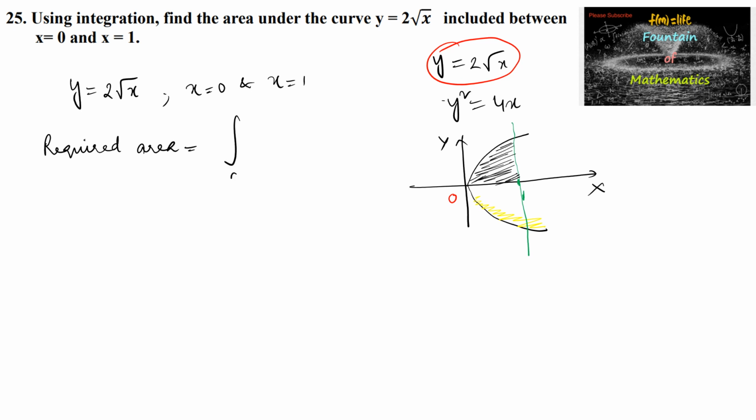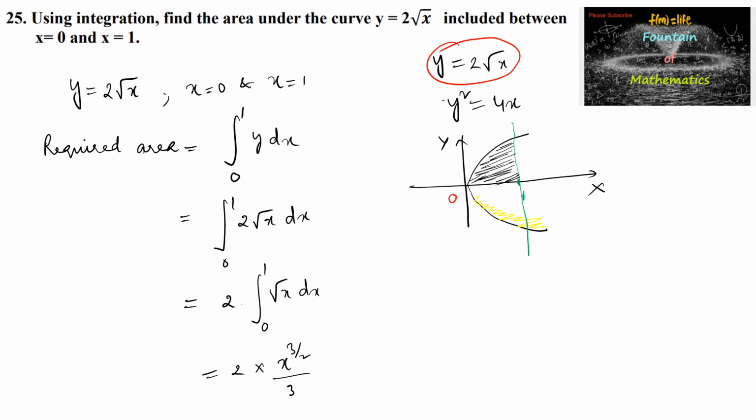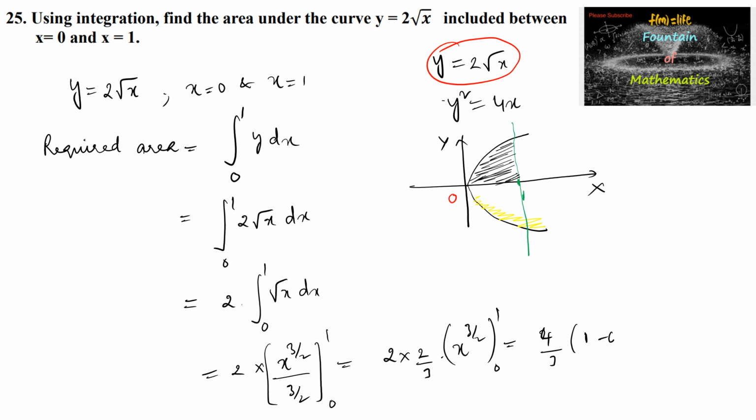The required area is equal to integral 0 to 1 y dx, because this is the function y is equal to f of x, that is integral 0 to 1 2 root x dx, 2 times integral 0 to 1 root x dx, which is 2 times integration of root x is x to the power of 3 by 2 divided by 3 by 2 over the limits 0 to 1, or we can write 2 into 2 by 3 into x to the power of 3 by 2 over the limits 0 to 1, which is 4 by 3 times x power 3 by 2, that is 1 minus 0.